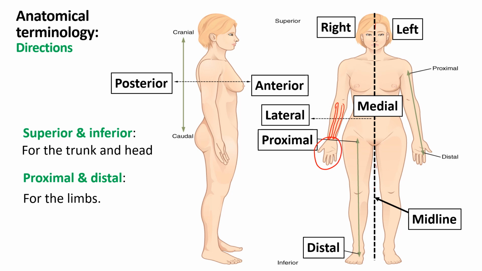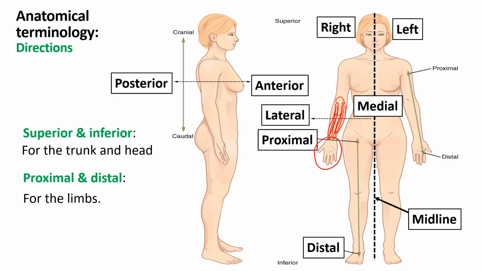So the ulna in the anatomical position is always going to be medial. The radius is always lateral. And the radius is lateral because we are comparing it against the ulna. And vice versa, the ulna is the medial bone of the forearm because we're comparing against the other bone of the forearm, which is the radius. So in that scenario, the ulna is the medial bone of the forearm, the radius is the lateral bone of the forearm.